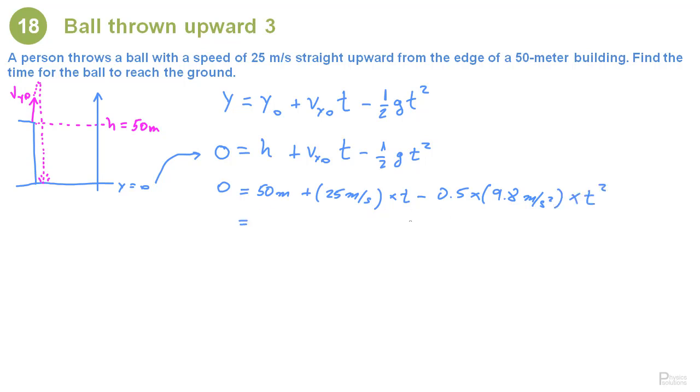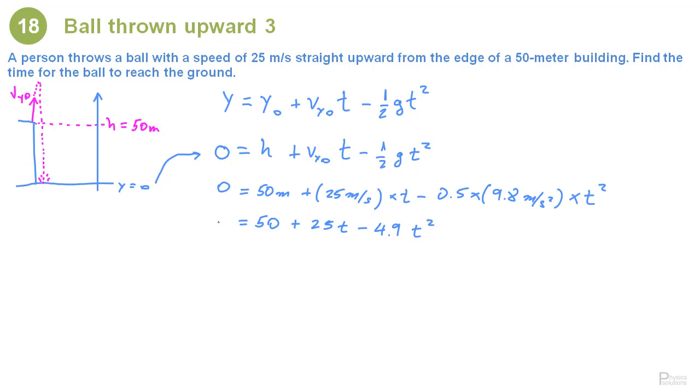Now we can expand this expression, and I will also stop writing the units. This is 25t minus 0.5 times 9.8, which is 4.9, t squared. So here is our quadratic equation.